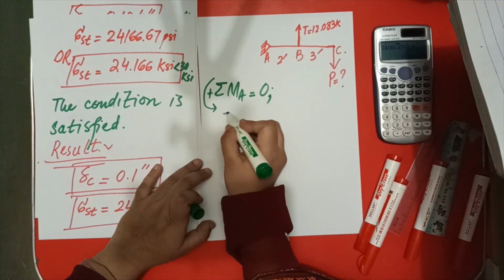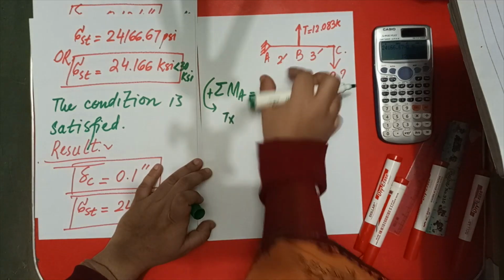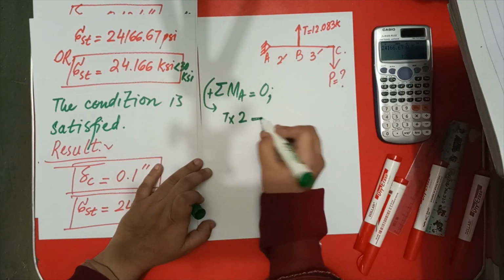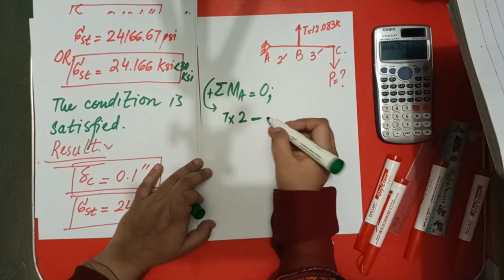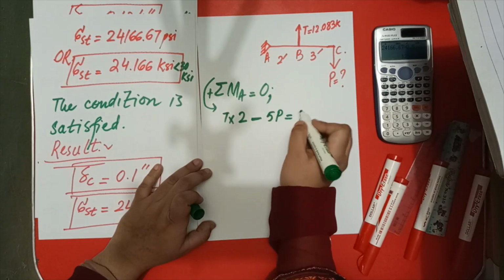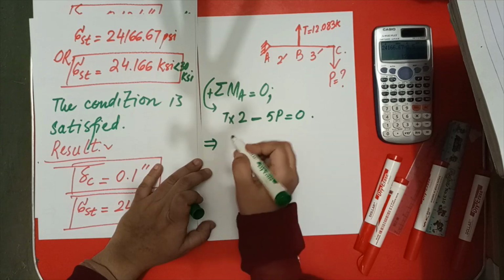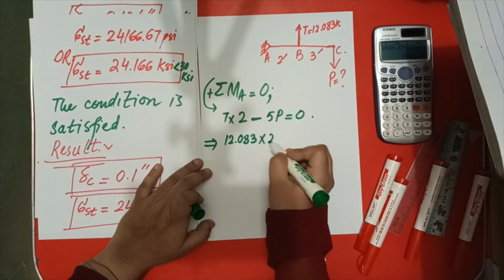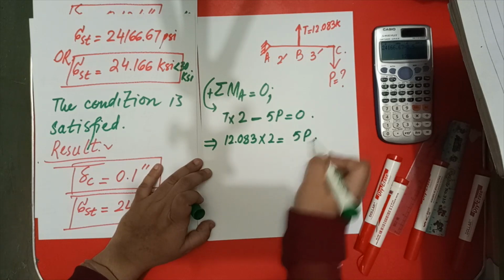So T should be multiplied by 2 feet, and this direction should be negative, and this length is 5 times P, so it is equal to 0. So the value of T, 12.083 multiplied by 2, is equal to 5P.